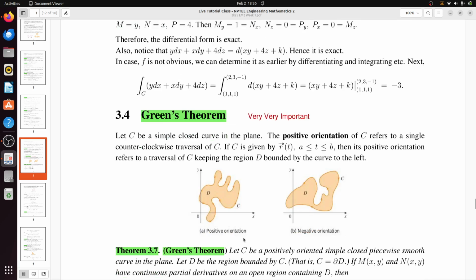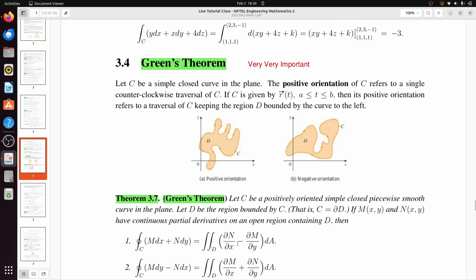Next, it is a very important concept that is called Green's theorem. Green's theorem is one of the fundamental things that you have to know, and it is important from many perspectives.